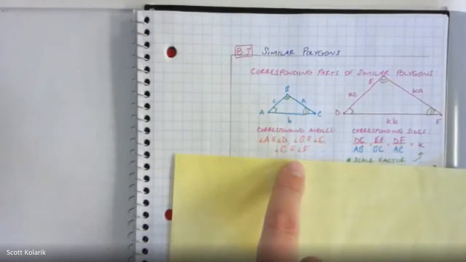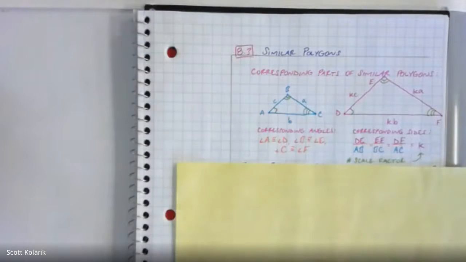The first is that corresponding angles, angle measurements dealing with degrees, will have to be the exact same. That will have to be what we call congruent. And that's very important because angle measurement, particularly within polygons like these triangles that you see here, essentially determines the shape of whatever polygon I'm dealing with.